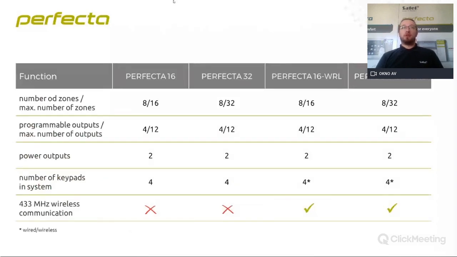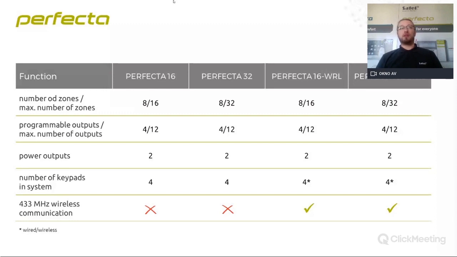Okay, a few comparisons between the different types of Perfecta. You have Perfecta 16 and 32 as the wired ones. You have Perfecta 16 WRL and 32 WRL. This is the wireless solution. So you have up to 16 zones or 32 respectively, and of course they could be wired or wireless.